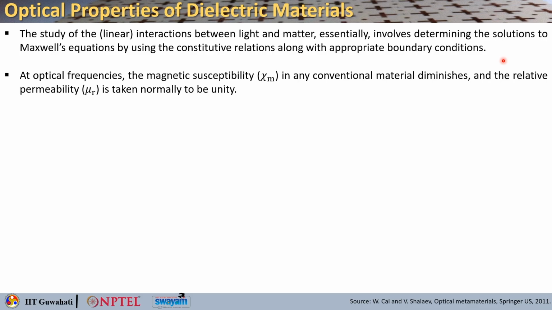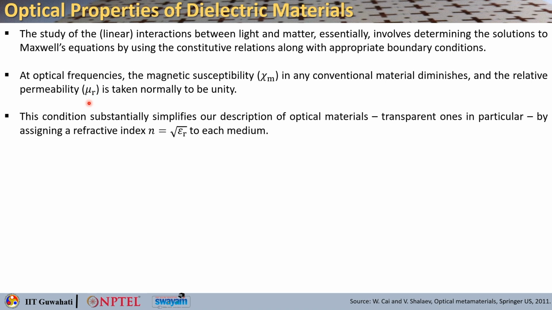So, at optical frequencies, you can see that the magnetic susceptibility chi m in any conventional material typically vanishes. So, you can safely assume the relative permeability mu r to be 1 in all those cases. This condition simplifies our description of the optical materials, which are basically transparent ones, to be very particular.